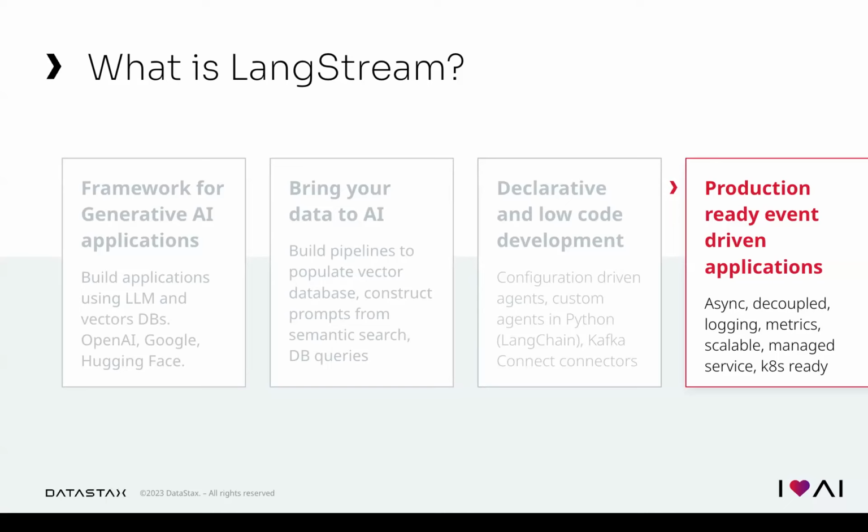Standard mechanisms for logging, scalability, these kinds of things all apply because of the architecture we use. We built it on top of proven technologies. We're using Kubernetes for resource scheduling and for fault tolerance or fault recovery. And we use Kafka for the topic management.